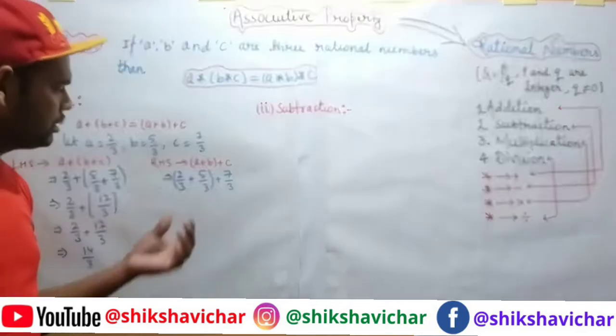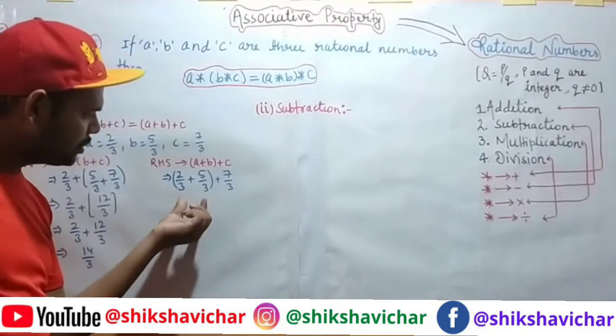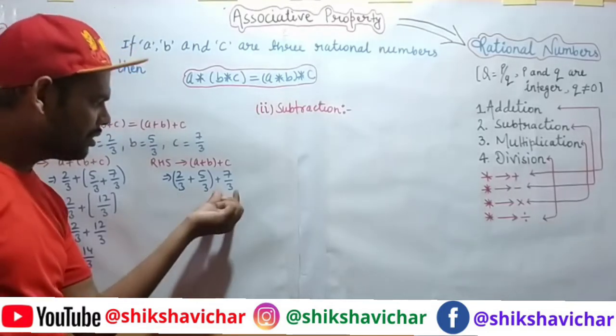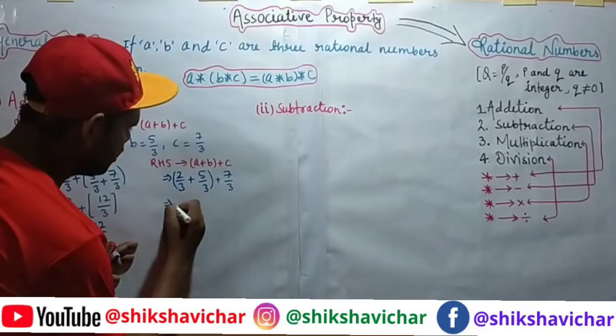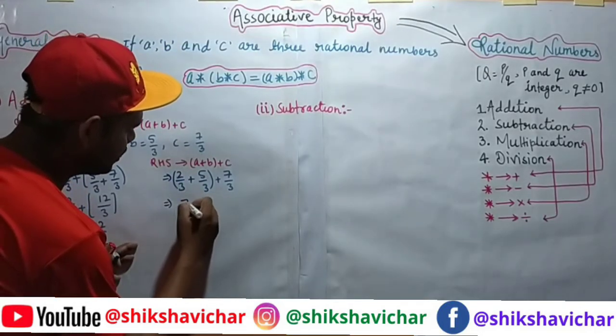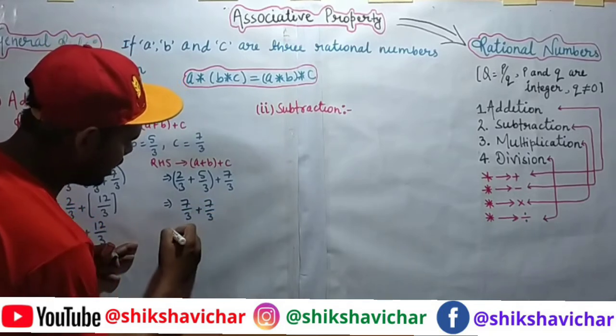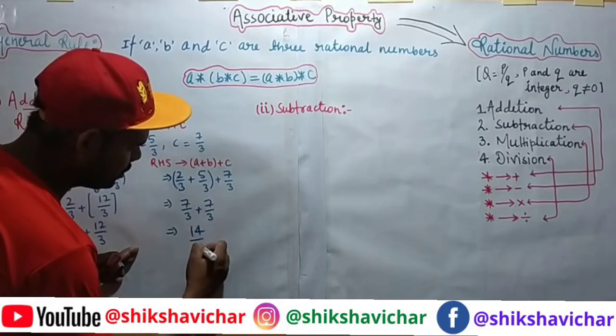What is the meaning of inserting the numbers inside the bracket? Bracket means we are going to solve these two numbers first, and after solving these two numbers we will add this number. Here we will get 5 plus 2, that is 7 upon 3 plus 7 upon 3, and after addition of these two we will get 14 upon 3.